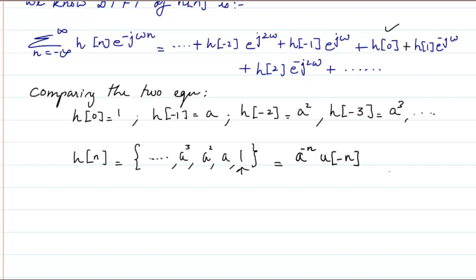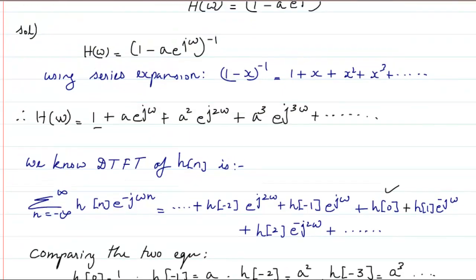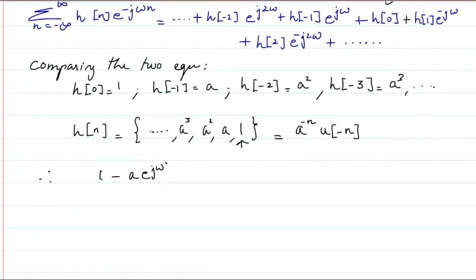Correct? So based on that, let us have a look whether it is correct. Yes. Therefore I can say that 1 minus a e raised to power j omega, inverse, which is basically our h of omega, the inverse Fourier transform of that, I will write here IDTFT.